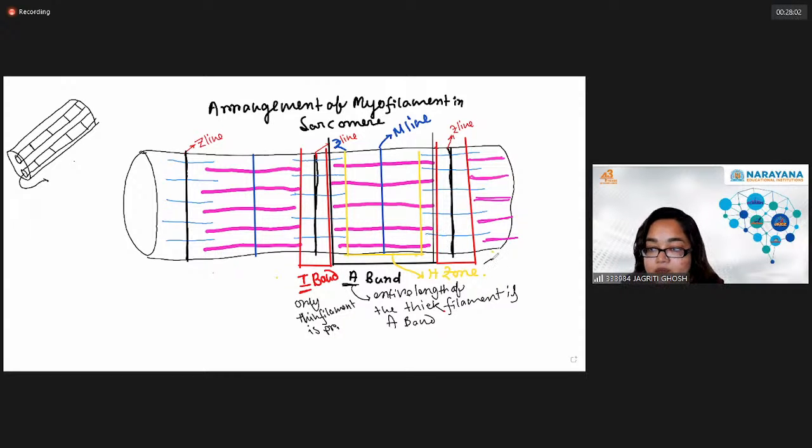We can write down: only thick filament is present.